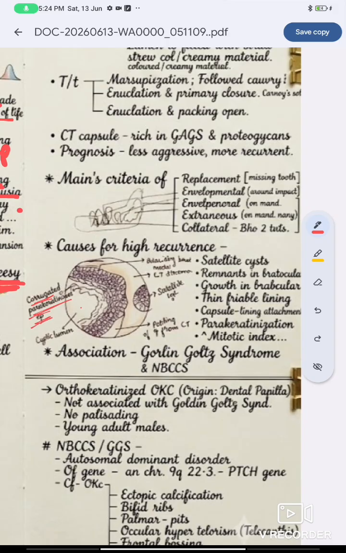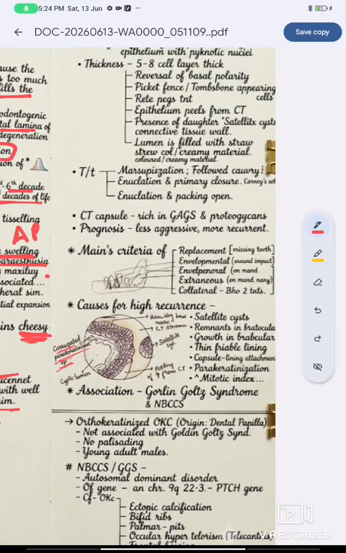The cystic lumen is surrounded by corrugated parakeratinized epithelium. Now the parakeratinized epithelium is stratified, and it is characterized by the presence of pycnotic nuclei, which means nuclear remnants are seen in the topmost layer of the epithelium, that is the stratum corneum. Apart from that, the stratum granulosum is less prominent.